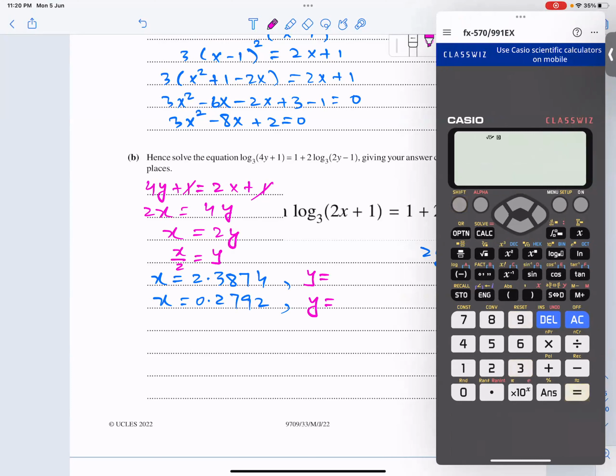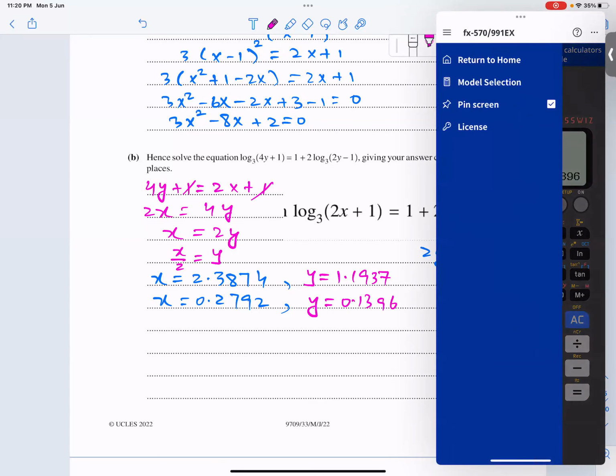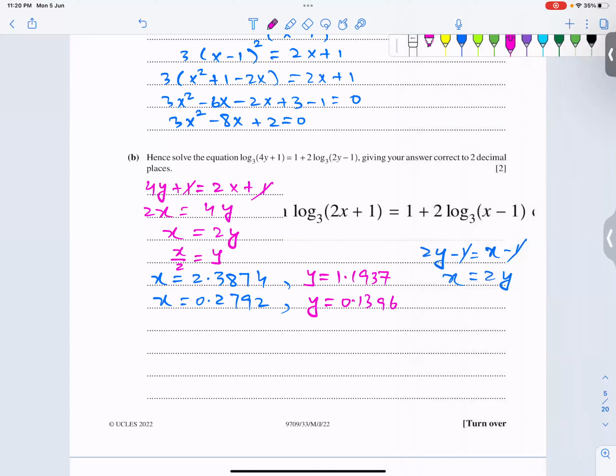Half of 2.3874 is 1.1937, and 0.2792 divided by 2, you will have 0.1396. Okay, and the first will become y is equal to 1.19, and the second will be y is equal to 0.14 up to 2 decimal places.